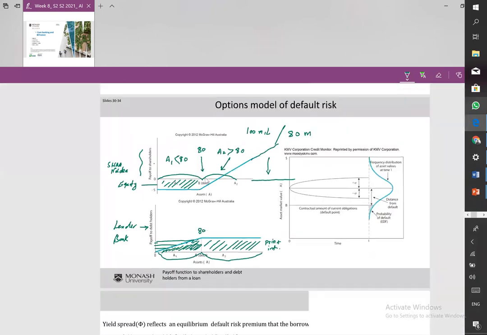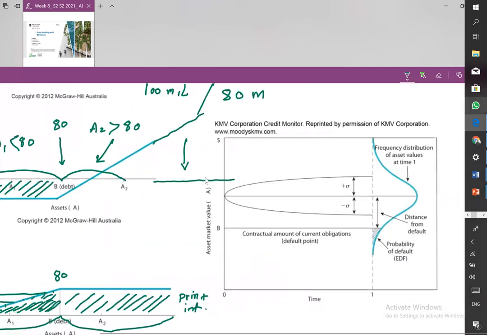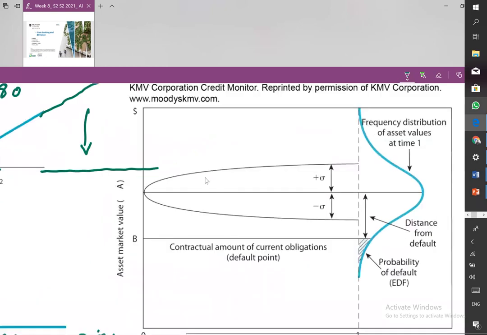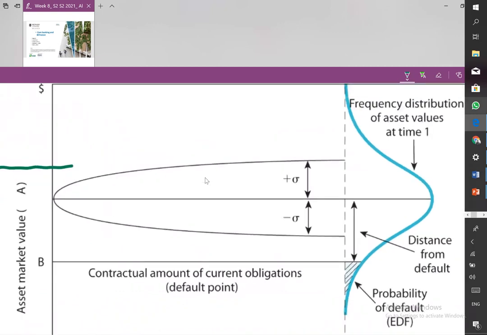Now, this KMV, which was actually acquired by Moody's later on, came up with this model. And this model is telling you, because they provide this distribution for one company, taking this loan on one date.